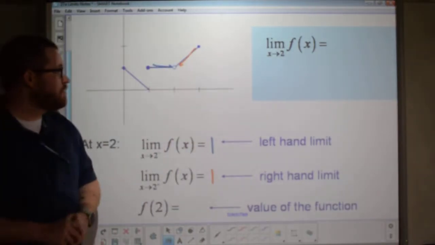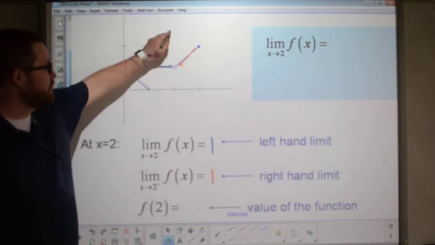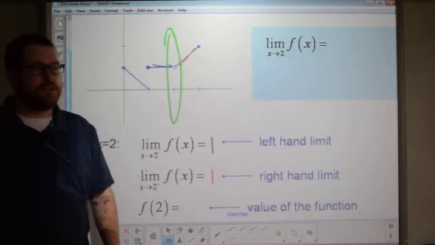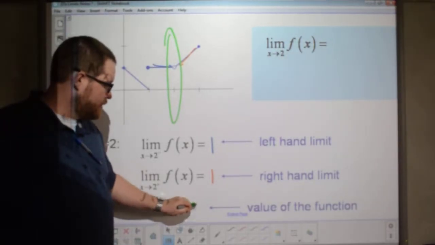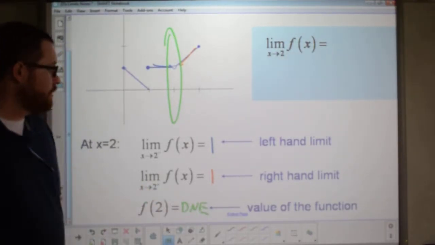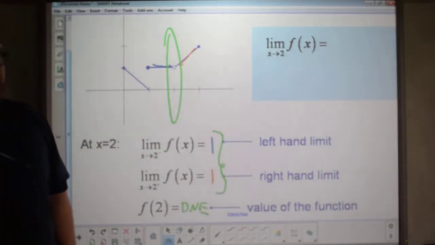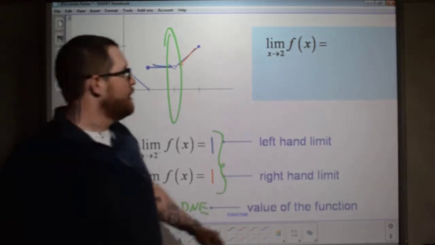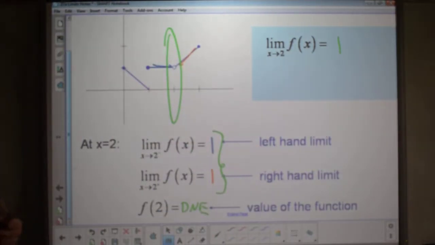This is saying, where is the point at 2? There is no point at 2. In this space right here, here's x equals 2, there's only a hole, there's not a point. So there is no point, it does not exist. Since the left-hand limit and the right-hand limit are the same, then the limit, just x approaches 2, not negative or positive, is also 1.